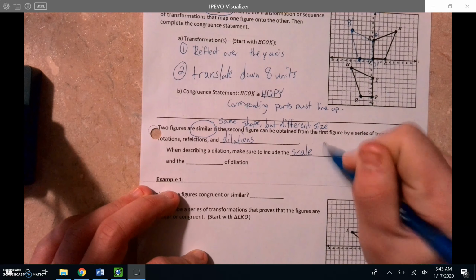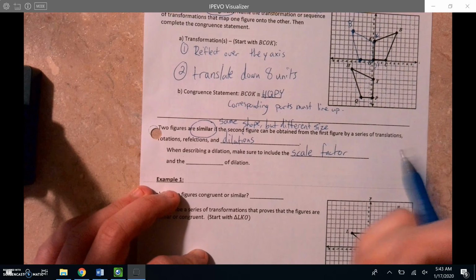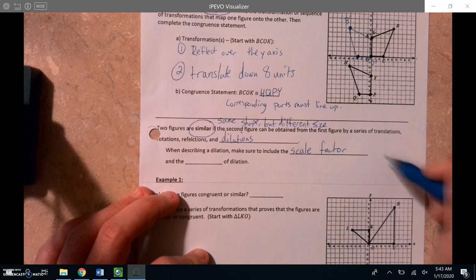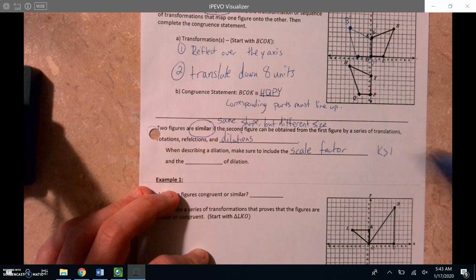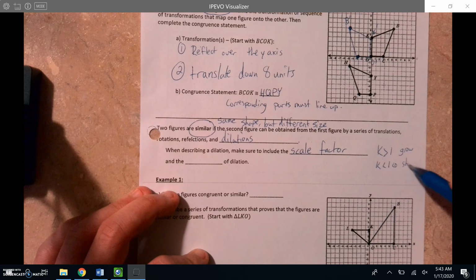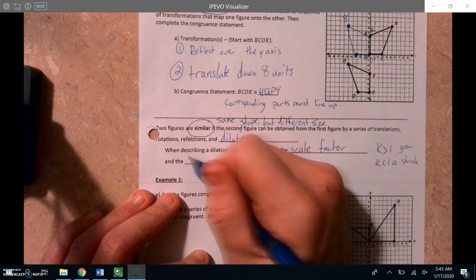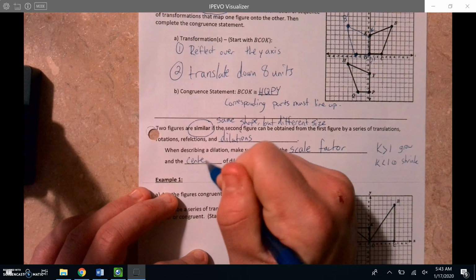Remember, the scale factor is the number that we multiply by, which is how much it's going to grow or shrink by. If it's greater than 1, it's going to grow. If our scale factor is between 0 and 1, it's going to shrink. We also need to include the center of dilation.